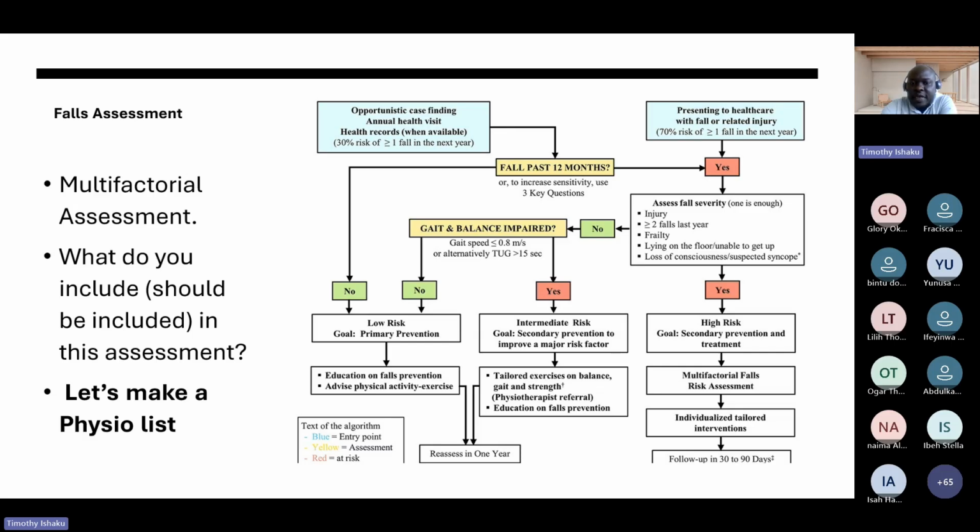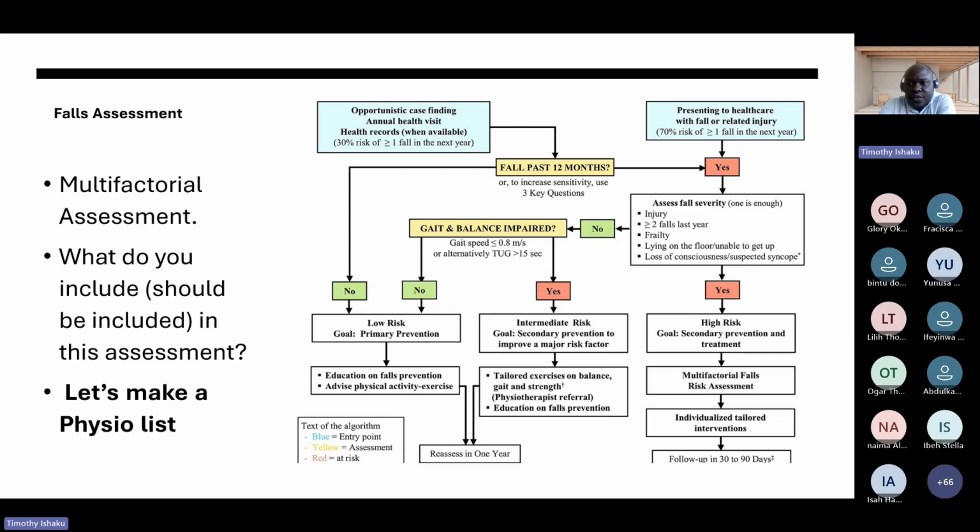So looking at different aspects that contribute to fall. In our conversation earlier, we said that there are different aspects that contribute to fall. So you need to look into every single bit of those different aspects that contribute to fall.